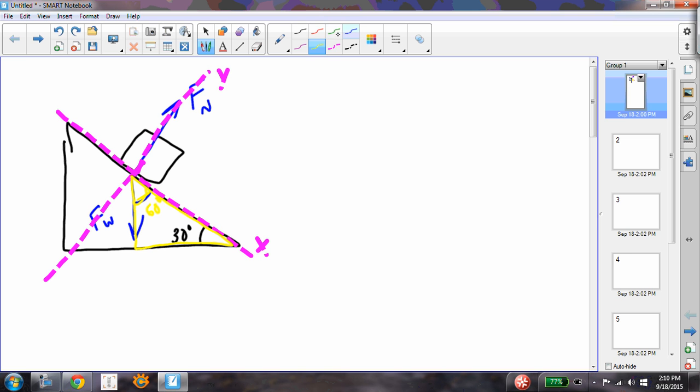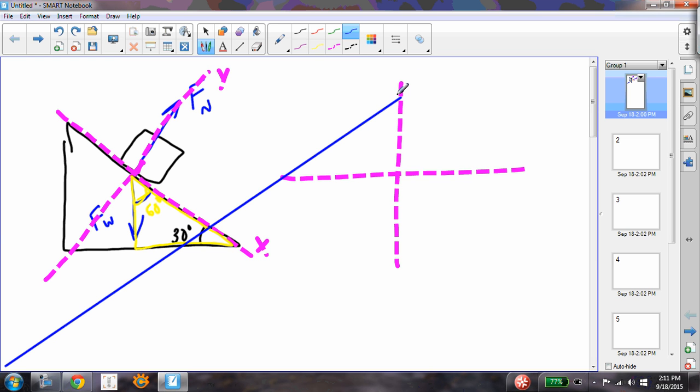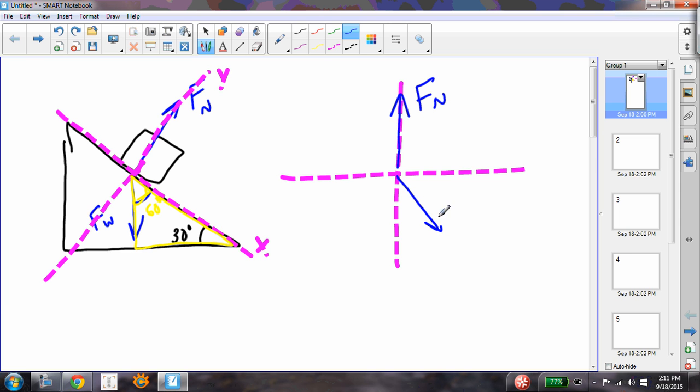So I can redraw my coordinate system here. I have my normal force acting right here. And then notice that my force weight is right here, and my force weight is at 60 degrees from the axis.